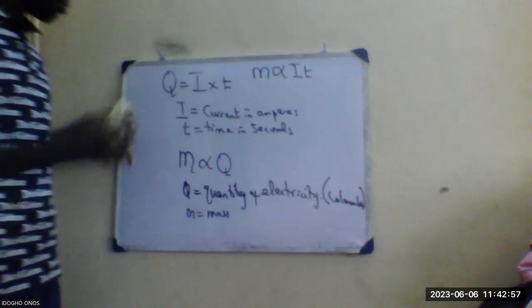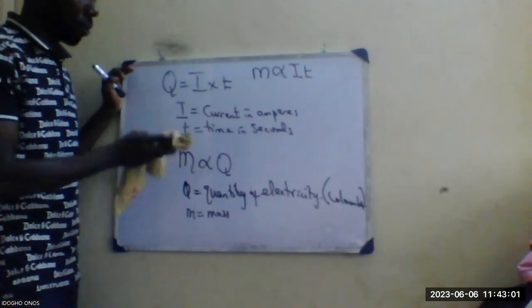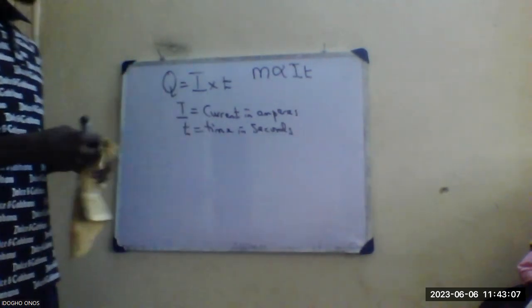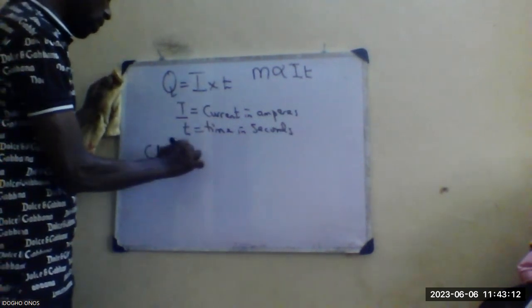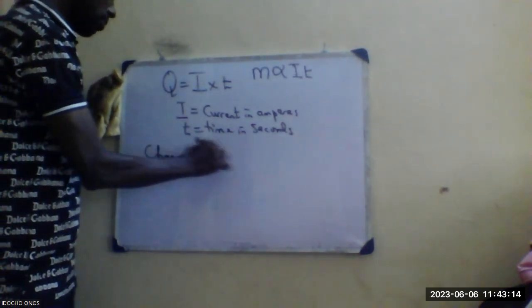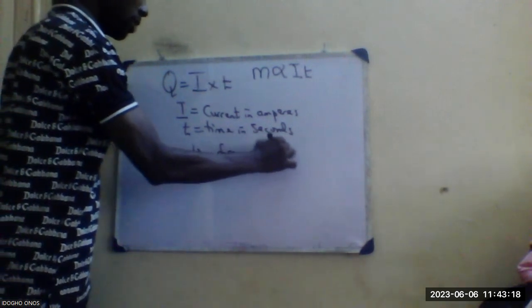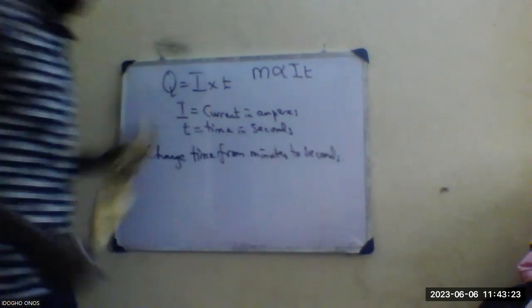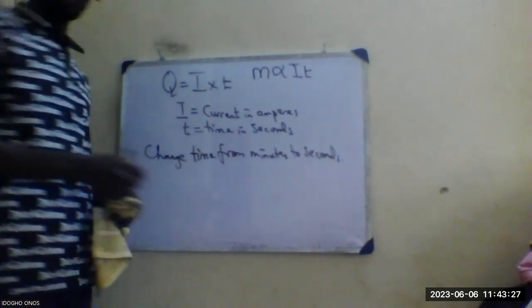So let them also know how to change from minutes to seconds. Let's just quickly do this. Changing time from minutes to seconds, we multiply by 60.